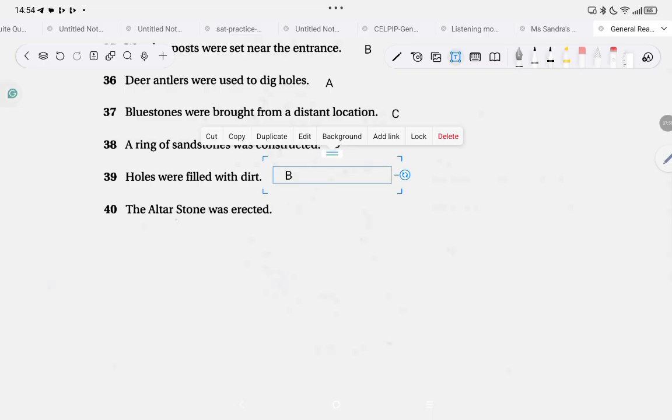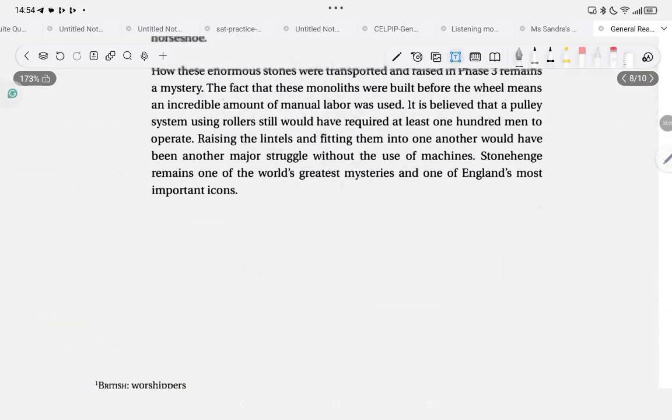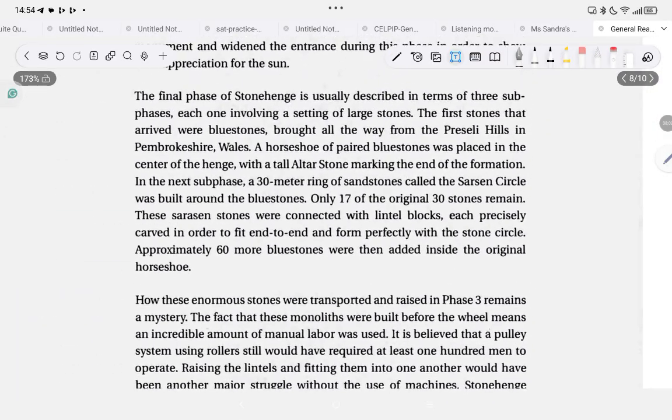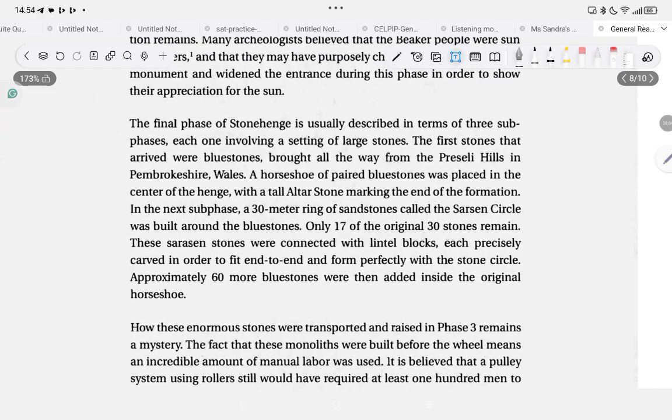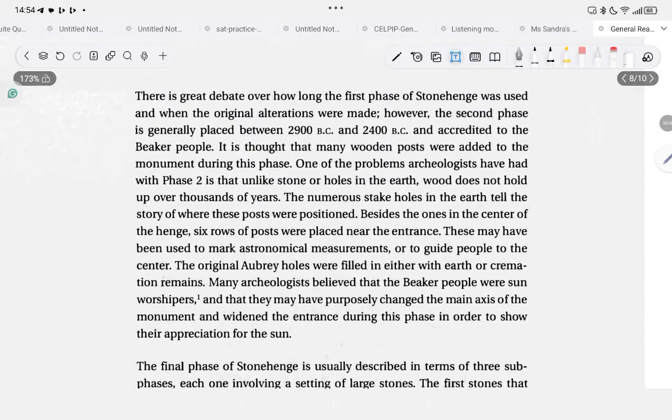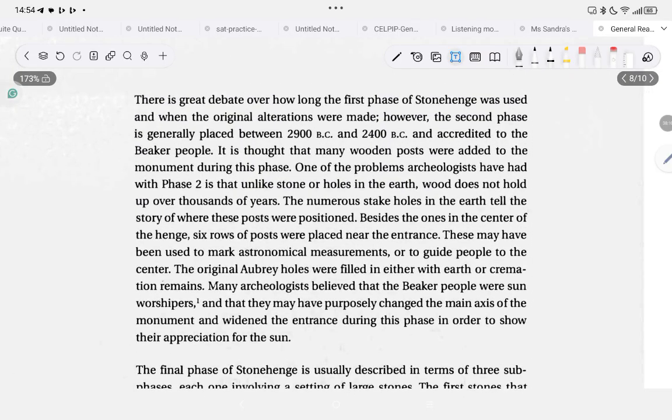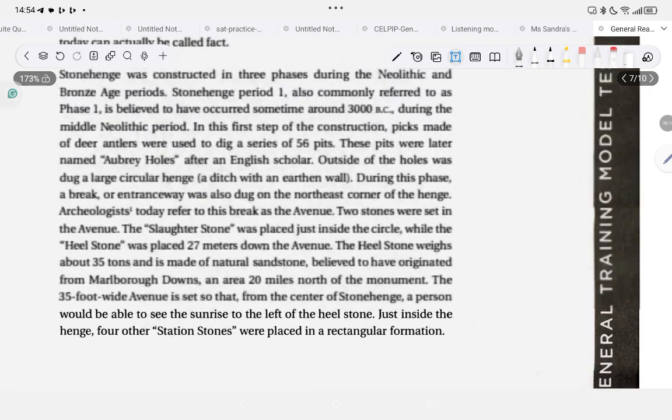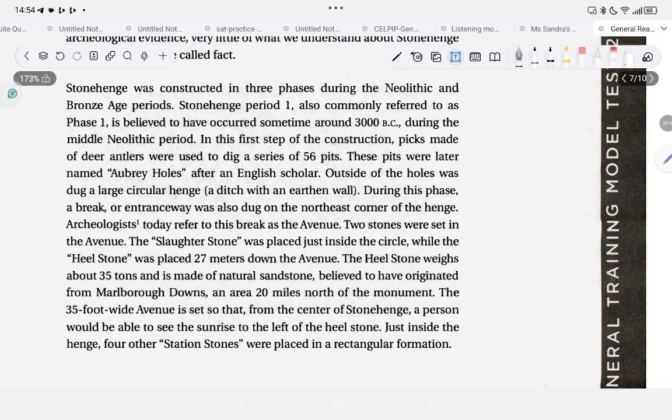The altar stone was erected. That's number 40. I don't think I saw anything about the altar stone in phase three. So let's check phase two and one. Altar stone.